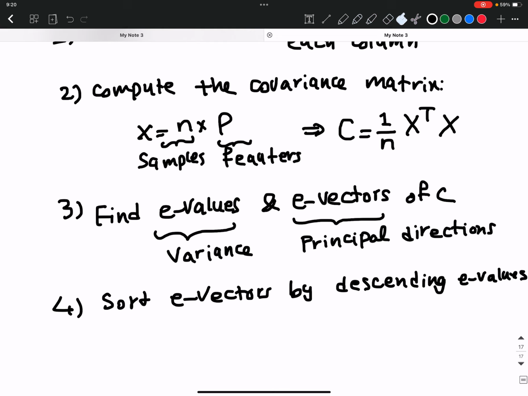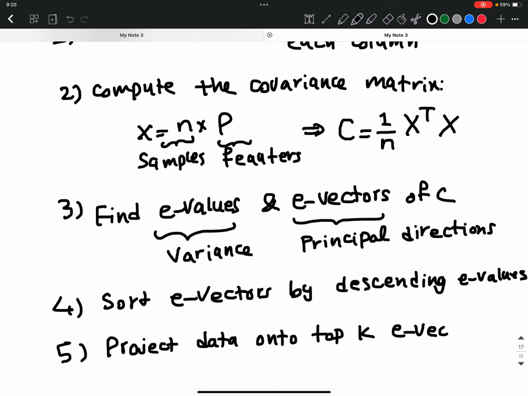And finally, the last step, we project data onto top k e-vectors.